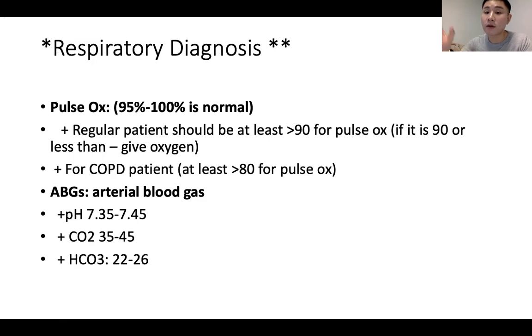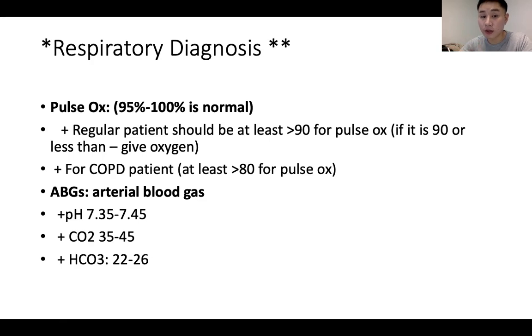The higher the buffer, the more alkaline the blood is, because the buffer neutralizes the acidic agents and makes the blood more alkaline. So a low level of HCO3 means the body is in an acidic state, and a higher level of HCO3 is considered an alkalosis state.